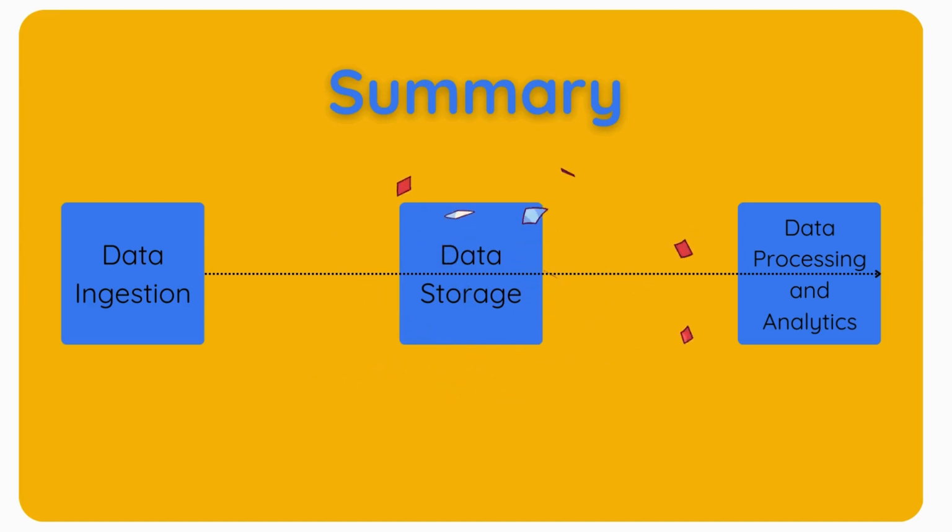Next, we delved into data storage, examining versatile options like Cloud Storage, BigQuery, Cloud SQL, Firestore, and Bigtable, each catering to specific use cases. We covered data processing, focusing on how Google Cloud's scalable and robust infrastructure supports real-time and batch processing through services like Dataflow, Dataproc, and Data Prep.